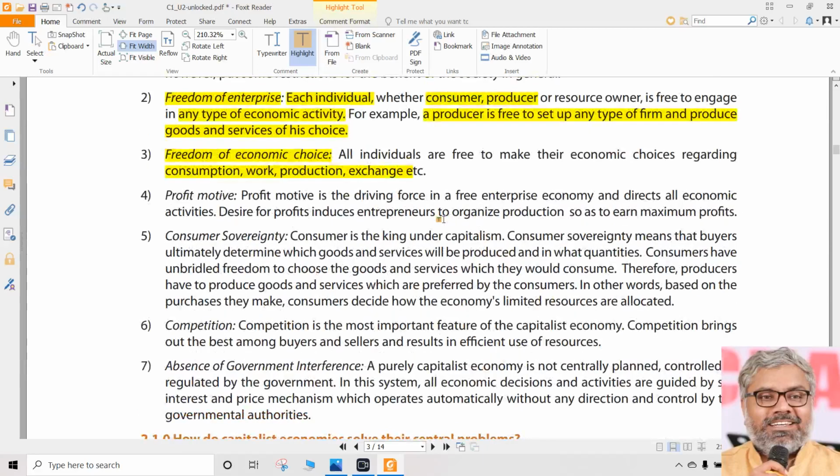From a capitalist point of view, from an entrepreneur's point of view, production also is a choice of an entrepreneur. Government is not going to tell the producers to produce a certain item only, under normal circumstances. Exceptions are exceptions. Once again, you have to understand.